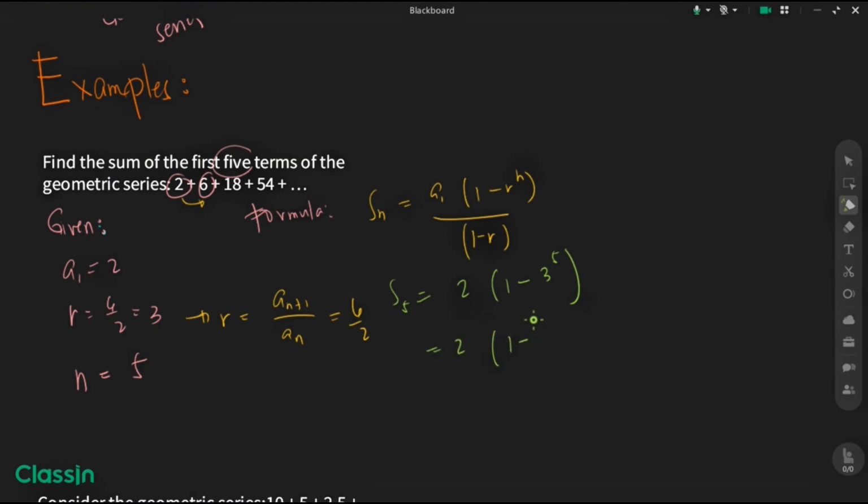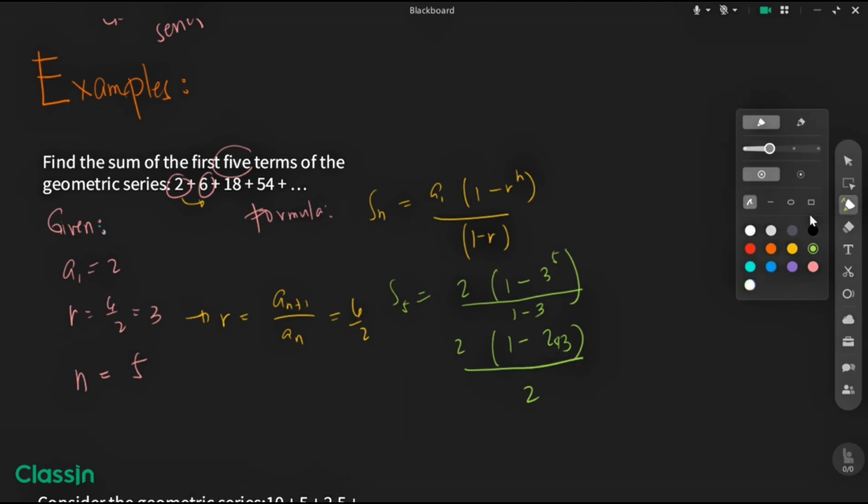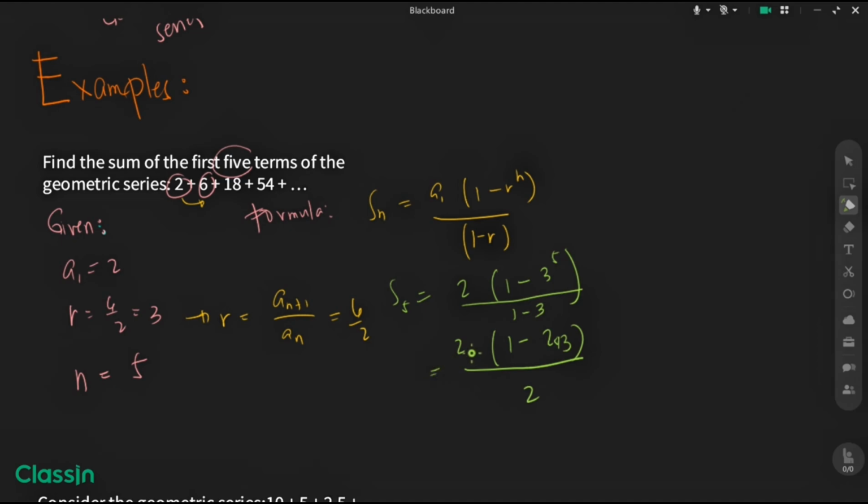Three raised to 5 is equal to 243. Do not forget the denominator, 1 minus 3, so all over 2. 1 minus 3 is negative 2, and 1 minus 243 is negative 242, all over negative 2.